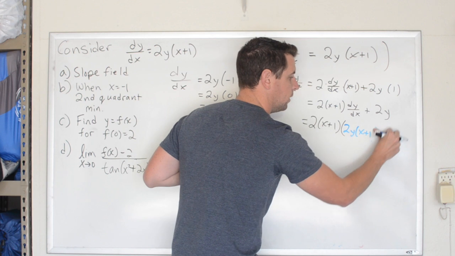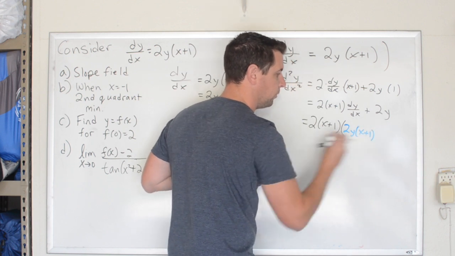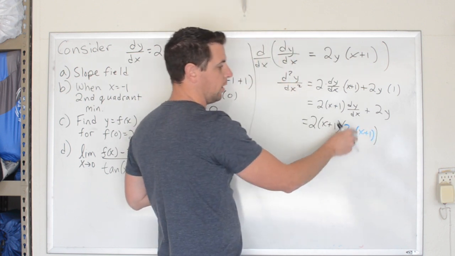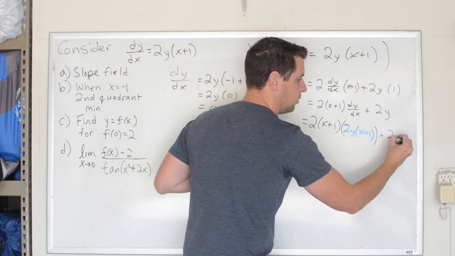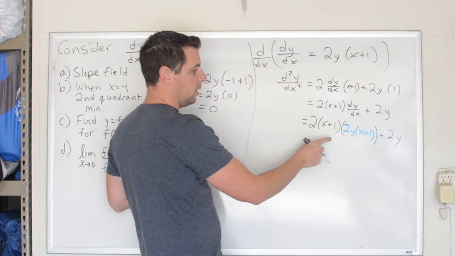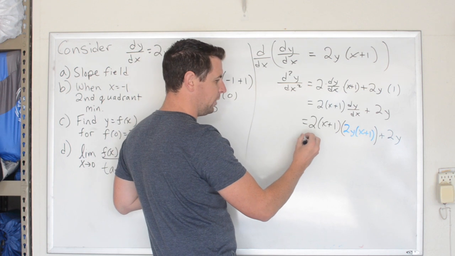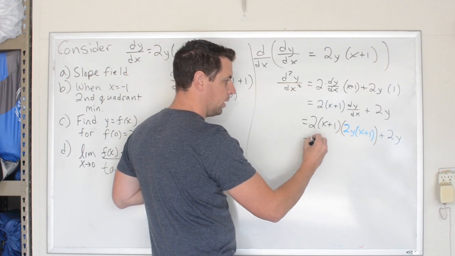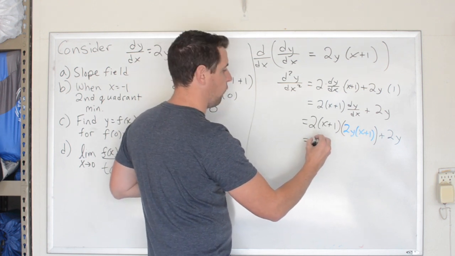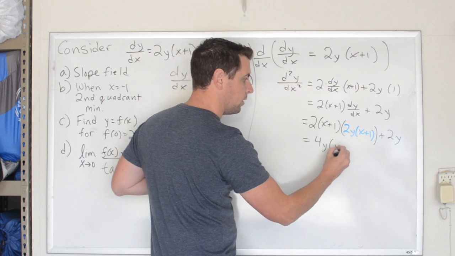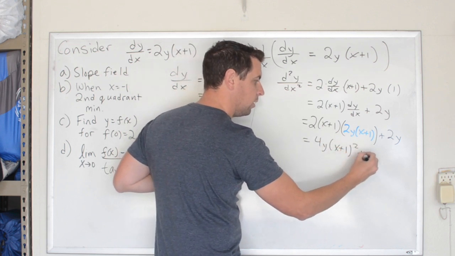It's too big. I'm running out of room. Sorry. So that's my dy/dx plus 2y. I can simplify this a little bit. Let's see if we're doing it right. It should be 4y times (x + 1) squared plus 2y.